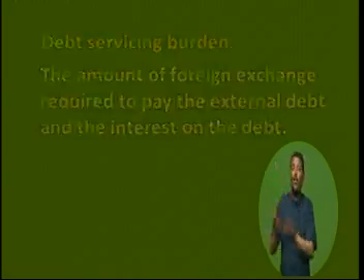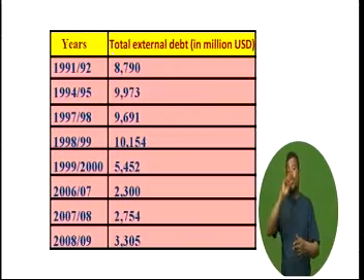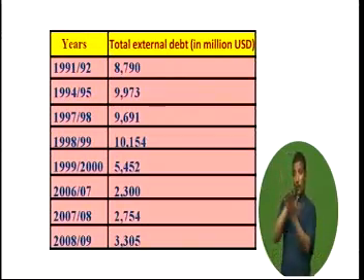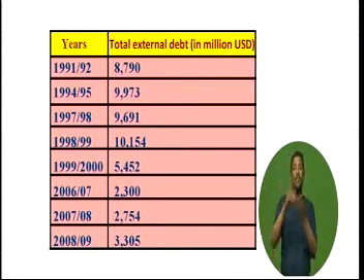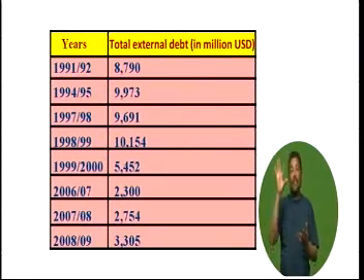on the debt. Students, let's now see the data of foreign stock of external debt of Ethiopia since 1991-92. As you can see from the table, the total external debt more or less increases up to 1998-99.